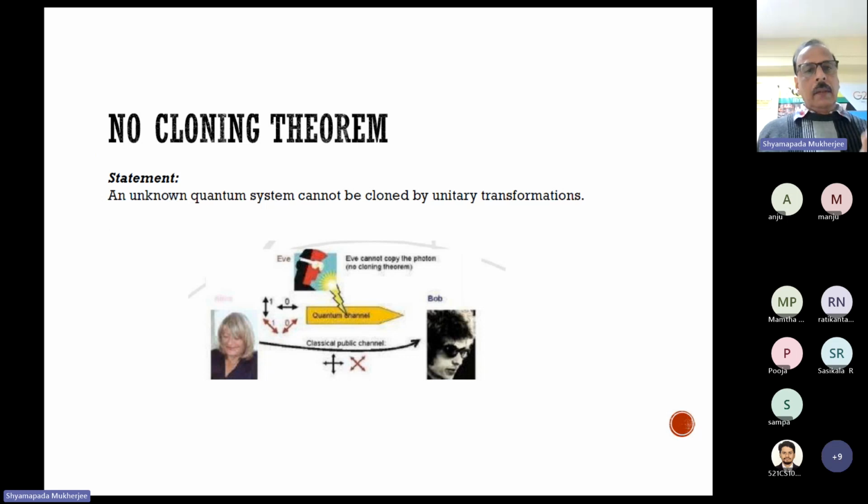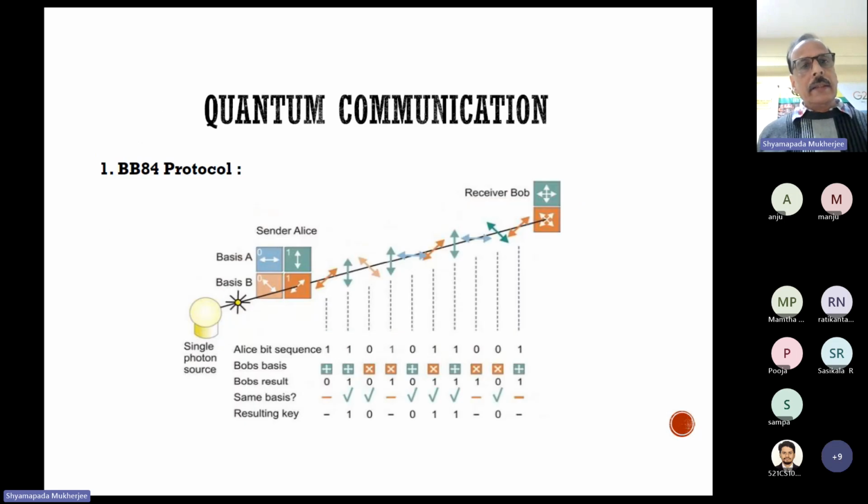Suppose information is passed between Alice and Bob through a quantum channel, and Eve tries to track the message. She will measure it, put some instrument, and once the instrument is put, the information itself is disturbed. So Alice and Bob will both know that somebody has interfered in their system. For that, in quantum communication, we have the BB84 protocol.